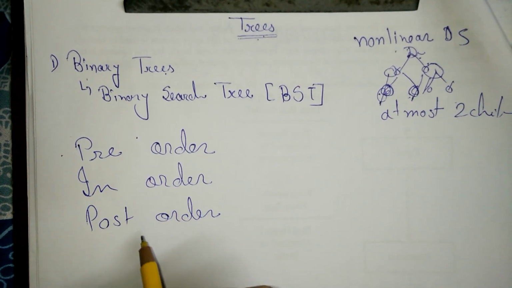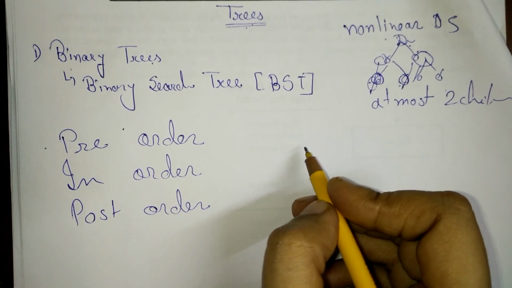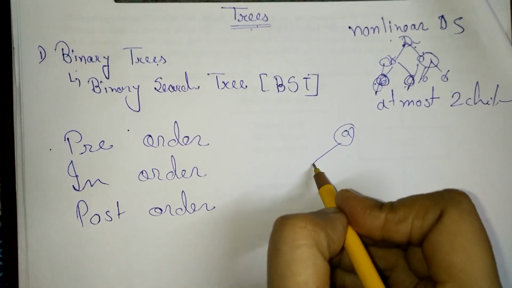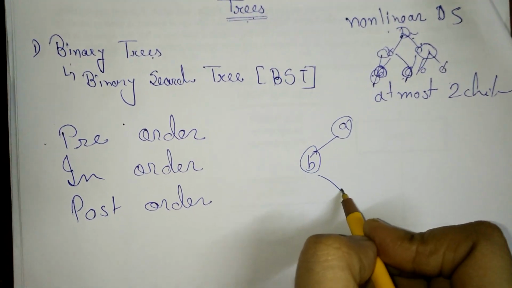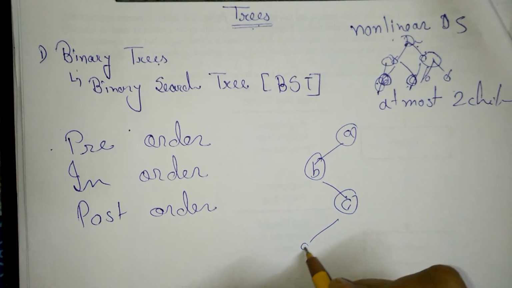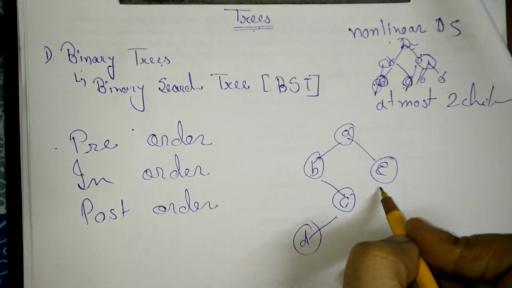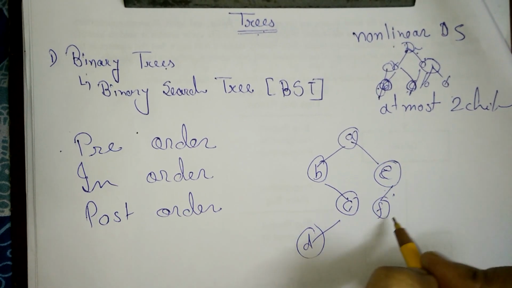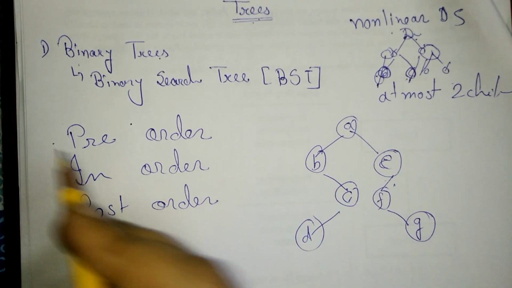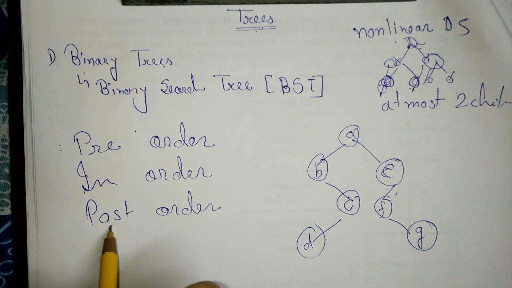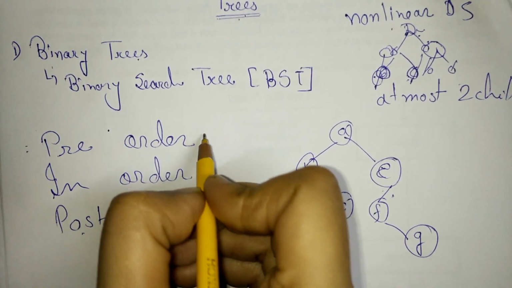Now, how do we find these three orders of any tree? Let us consider a tree which is having some nodes. I am taking this as an imaginary tree, and I am trying to find the in-order, pre-order, and post-order traversals.